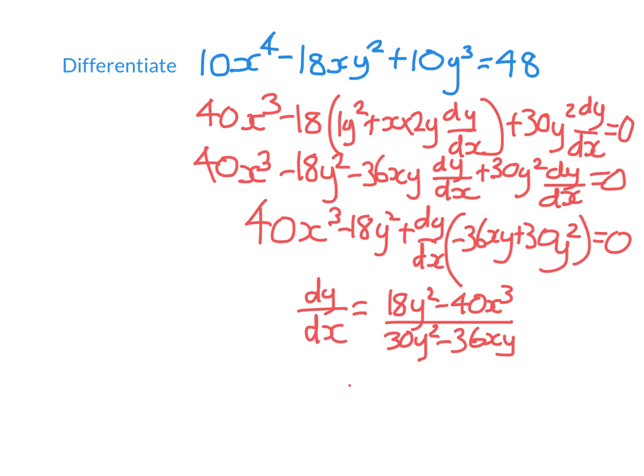I'm just going to simplify it because each of the terms can be divided by 2. And then on the bottom I get 15y squared minus 18xy. And then we're done. That is the derivative. It was quite complicated, but implicit differentiation made it easier and allowed me to avoid needing to find y as a function of x first.